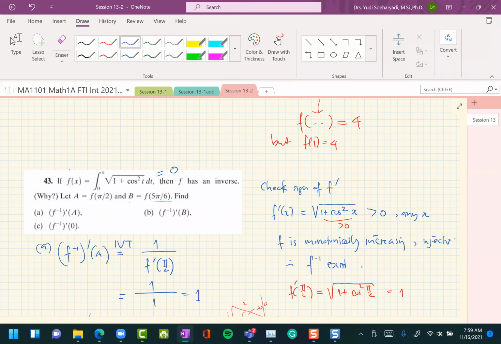Can you see that one? Recall what the integral means. Integral from 0 to x. What does it mean geometrically? Integral from 0 to x of something. Is it the area under the curve from 0 to x? Right, so area.